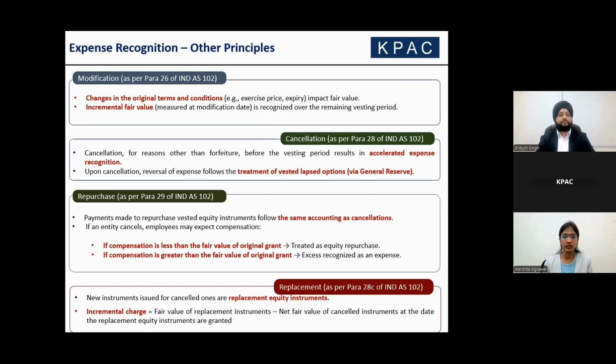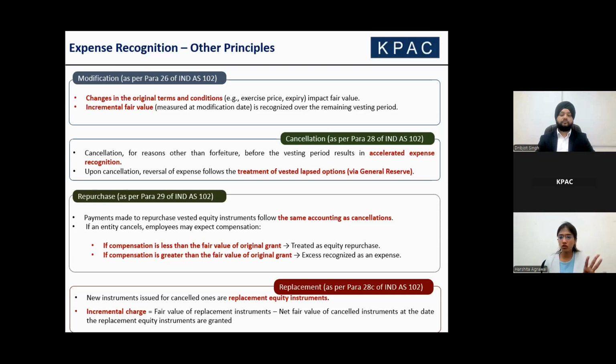Let's start with modifications. Companies often modify ESOPs for various reasons. Sometimes to make them more attractive to employees, sometimes due to external factors like a change in market conditions. If the modification increases the fair value of the options, for example, by reducing the exercise price, the incremental fair value is recognized over the remaining vesting period.